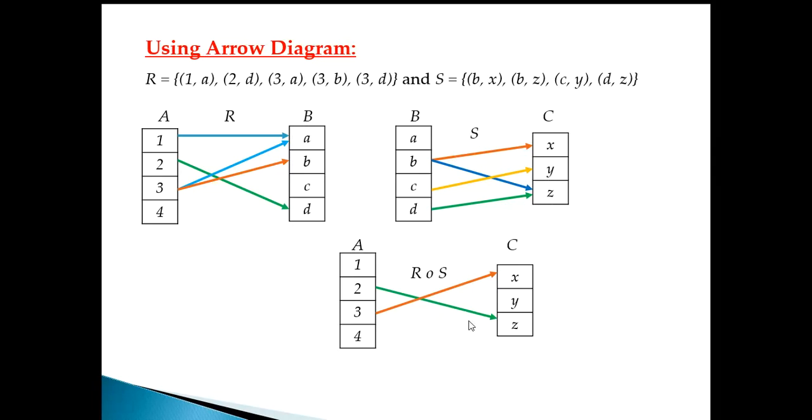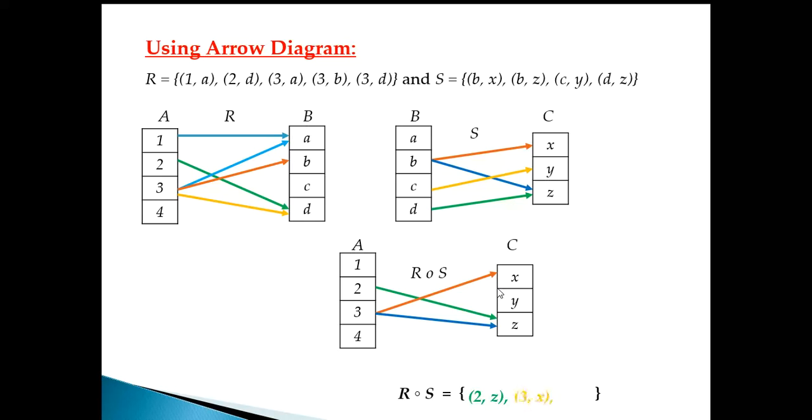So now 3 is related to Z. Next, we see that 3 is related to D, and D is related to Z. So already we have that 3 is related to Z. So like that, by the arrow diagram we can compute what the elements in our composition are: 2Z, 3 is related to X so 3X, and 3 is related to Z so 3Z. So these are the elements.